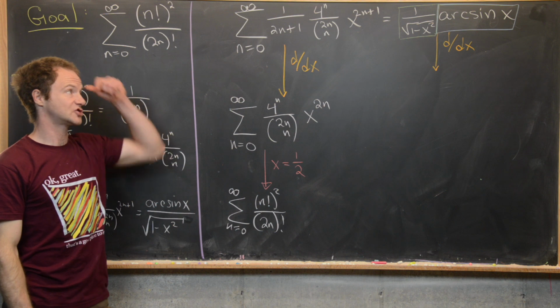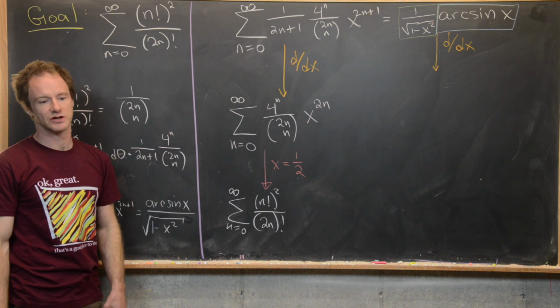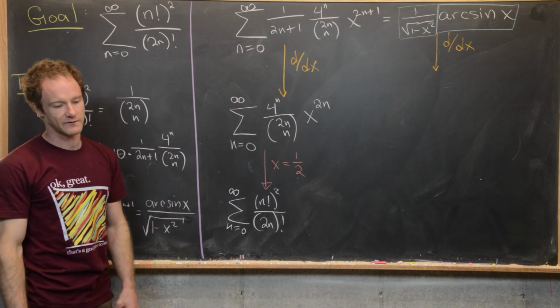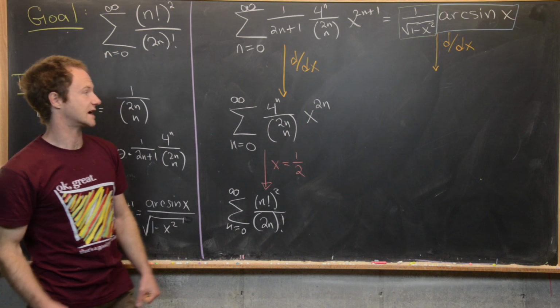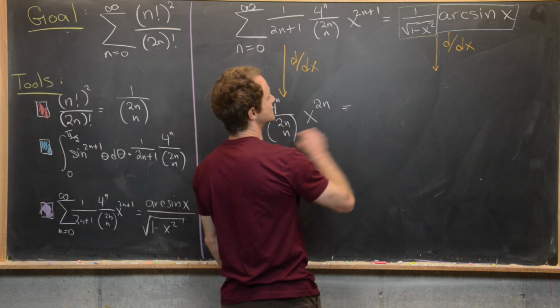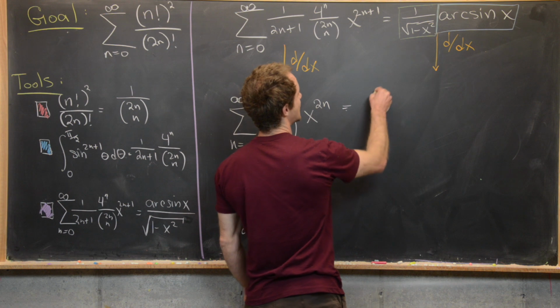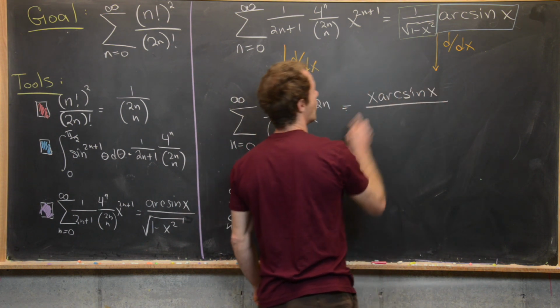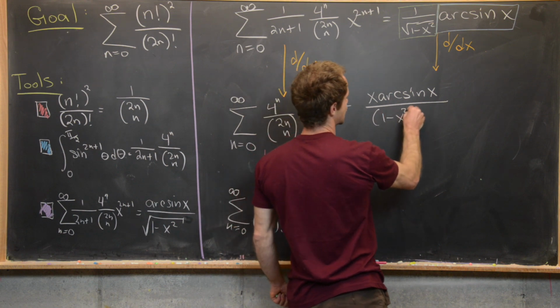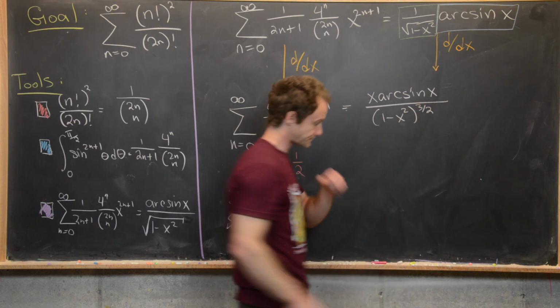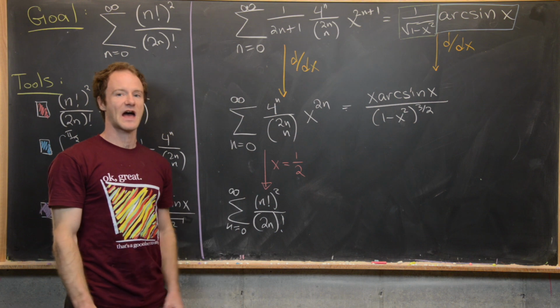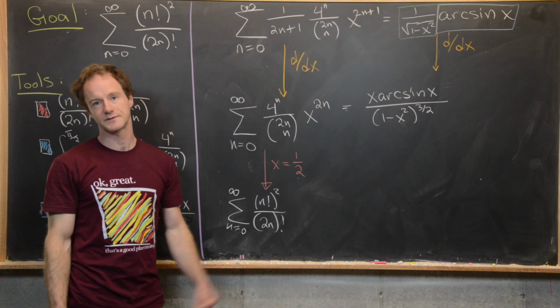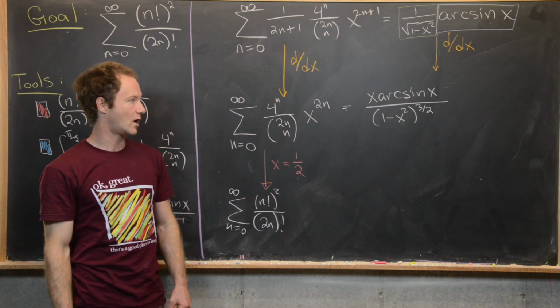And then the other function is the inverse sine function, using the fact that the derivative of arc sine is 1 over the square root of 1 minus x squared. So let's see what that gives us. That is going to give us x times arc sine of x over 1 minus x squared to the 3/2. Again, the -1/2 power turns into a -3/2 power after subtracting another 1.